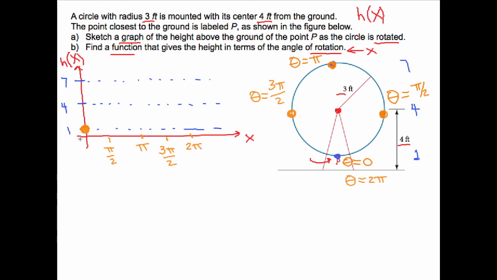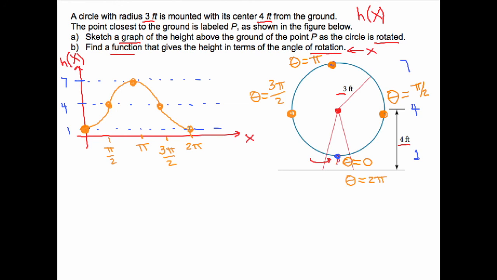When theta is pi over 2, I'm going to be what? I'm going to be 4 feet above the ground. When theta is pi, I'm going to be 7 feet above the ground. When theta is 3 pi over 2, I'm going to be back to 4 feet above the ground. And finally, when theta is 2 pi, I'm back to 1 foot above the ground. And I have the graph of the height above the ground of the point as the circle is rotated, at least one period of it.